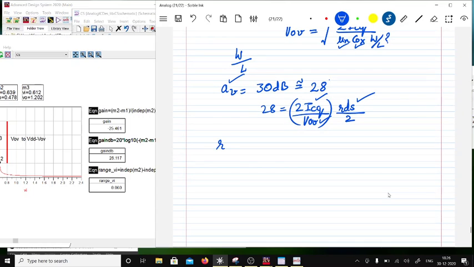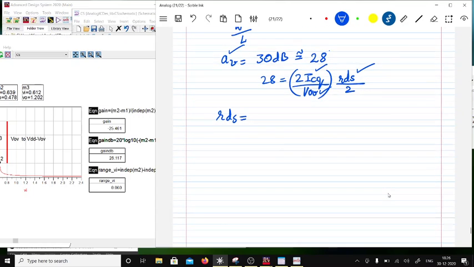So once you know rds, you know that rds is equal to twice of, in this case, let me just write it, twice of 1 over lambda times ICQ, divided by 1 plus phi 0 by VDS minus V overdrive.